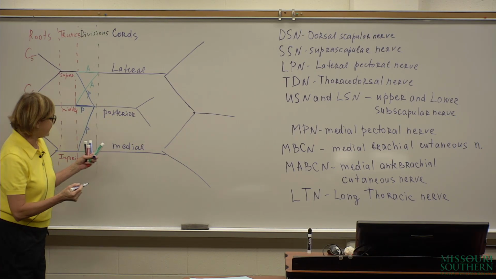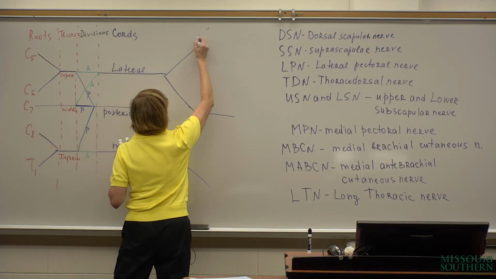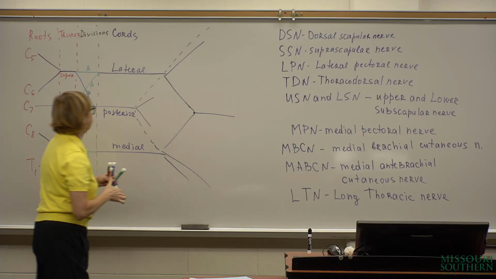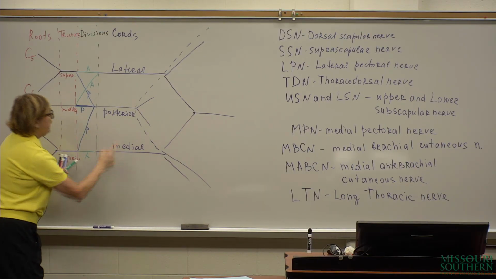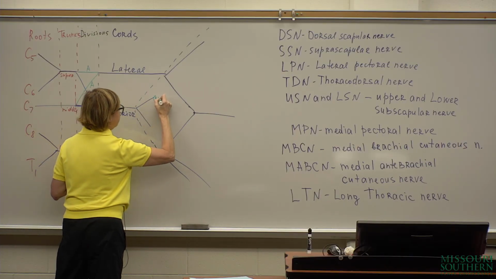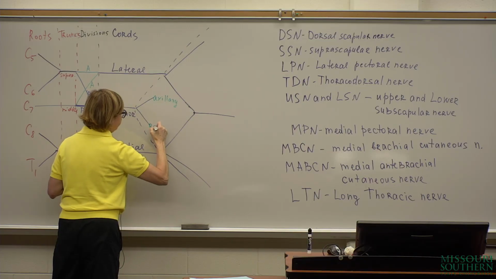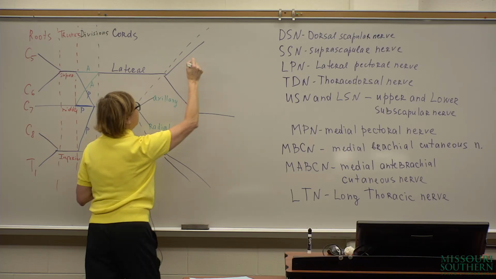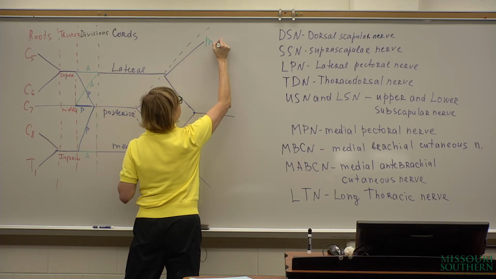And now let's label the terminal branches. The posterior cord gives axillary and radial. Lateral cord, musculocutaneous.